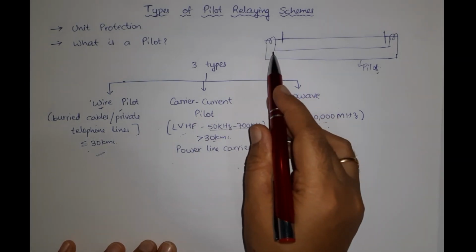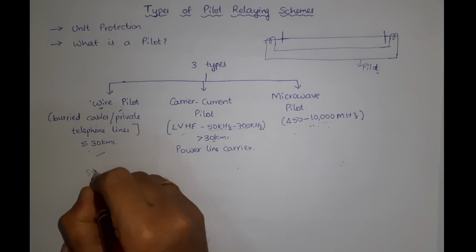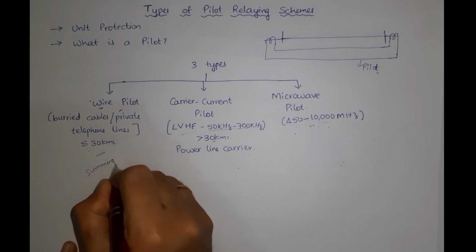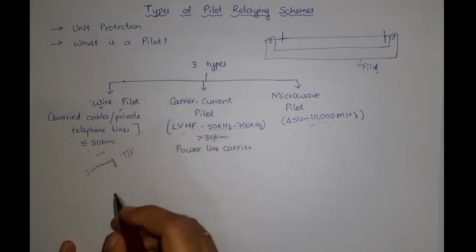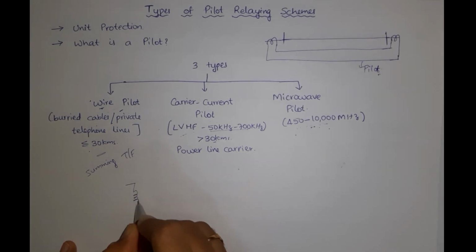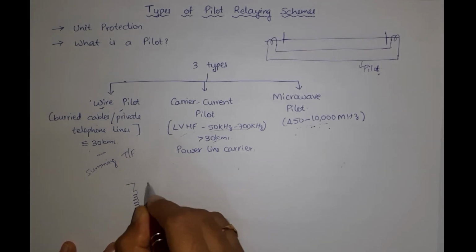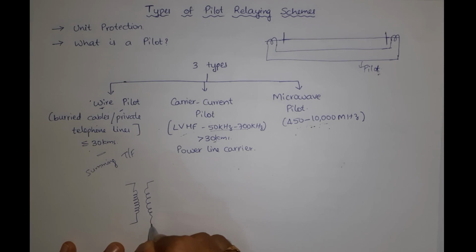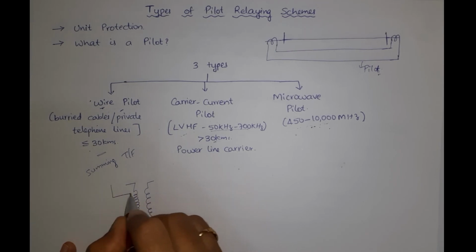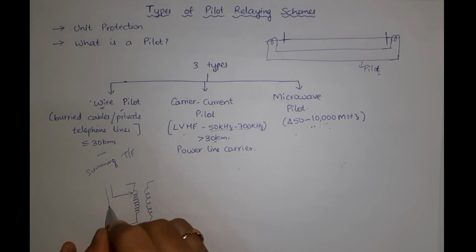The function of this summing transformer is that the 3 phases of the transmission line are given at 3 different points of the primary.